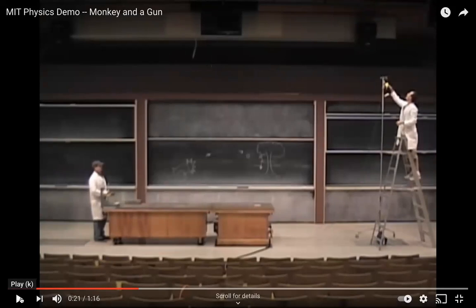There is a sensor to make sure that once the ball is shot, it triggers the sensor and the monkey is also let go. So this simulates the example we were just talking about. One is shot and one is let go at the same time.